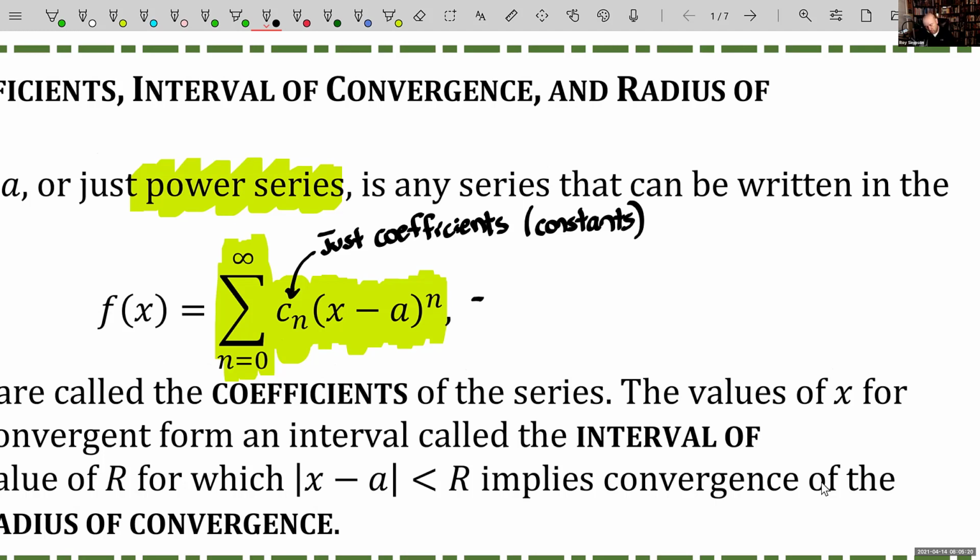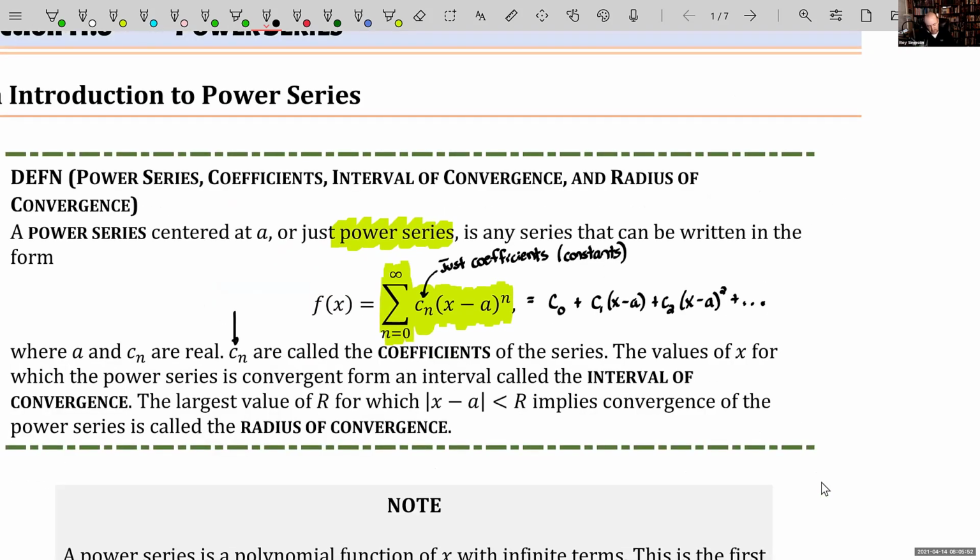In fact, if you were to expand this series a little bit, it would be, letting n equal 0, c sub 0 times x minus a to the 0th power, which is 1, plus c sub 1 times x minus a to the 1st, plus c sub 2 times x minus a to the 2nd, plus dot, dot, dot. It goes on forever. We don't know the constants, those coefficients c0, c1, c2, but they are called the coefficients of the series. In fact, that's what I say right here: c sub n are called the coefficients of the series.